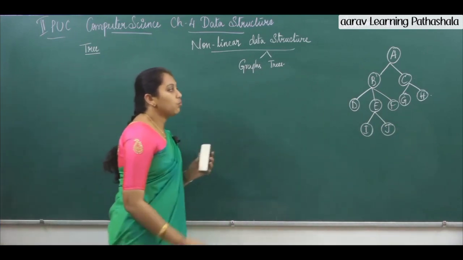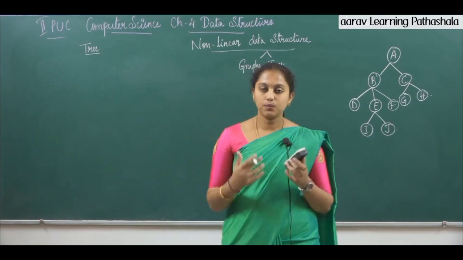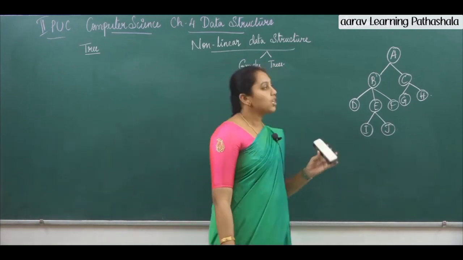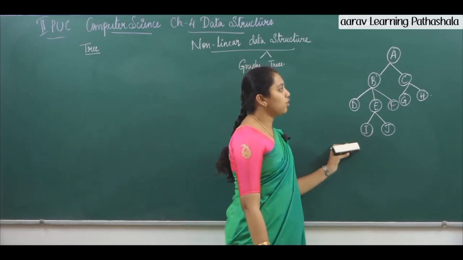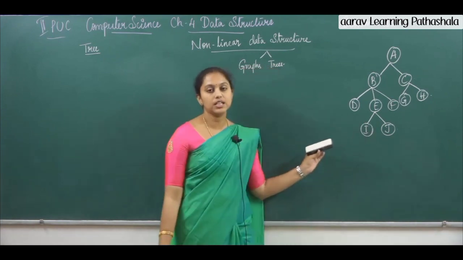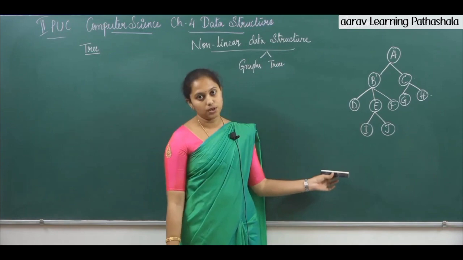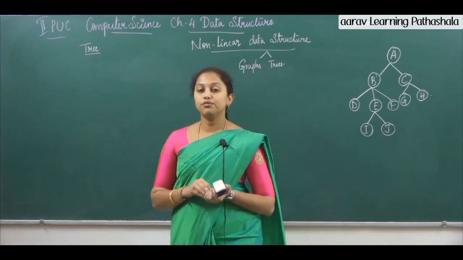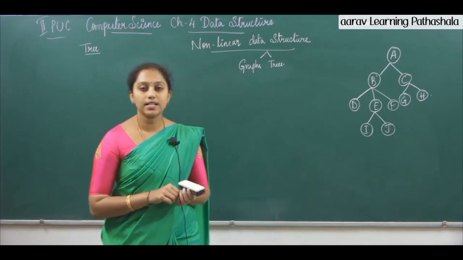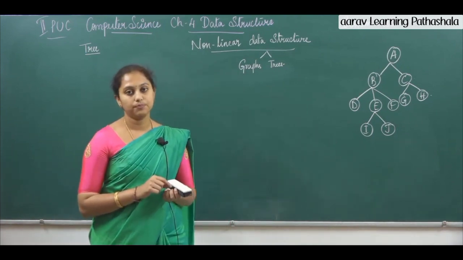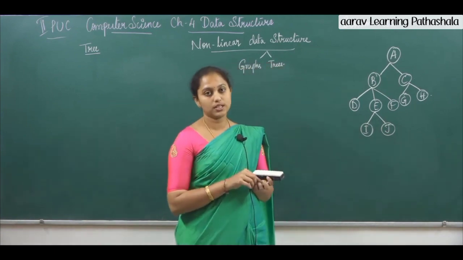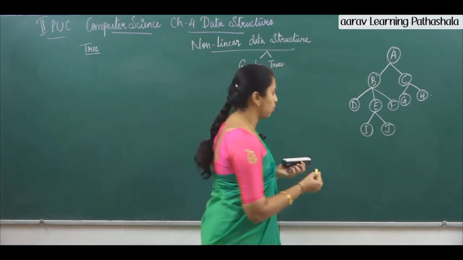Now let's see what terminologies we come across with the concept called trees. So this is the structure of a tree. It is in a hierarchical structure. So what is a root node? The starting node of any graph is called the root node. In a tree data structure, the first node is called the root node.